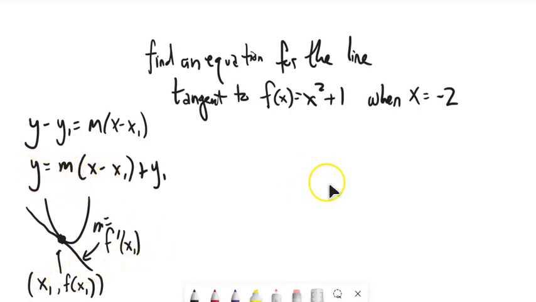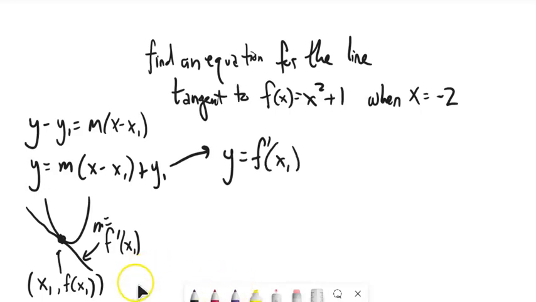So I could rewrite this as y equals the slope, which is the derivative at my x value, times x minus my x value, plus my y value, which is my x value plugged into the function, f of x. It is y.